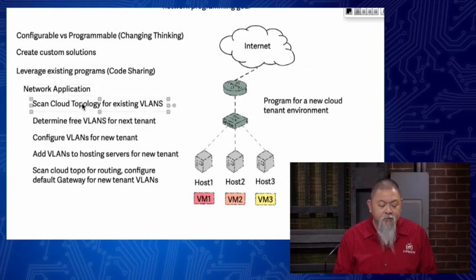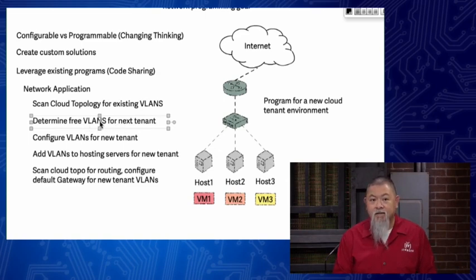Network applications, for example, can take a look at our entire cloud topology and scan it for whatever the existing VLANs are. You might be wondering, why would I do that? So that if I create a new VLAN, I don't try to overlap one and then go, I don't know what VLANs are available. So we can create an application that does that for us. That also helps us determine what VLANs are free for the next tenant to take advantage of.